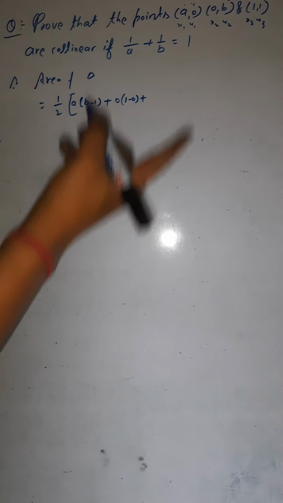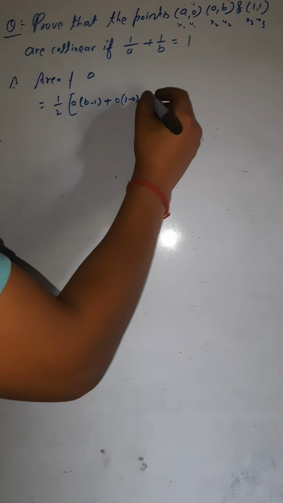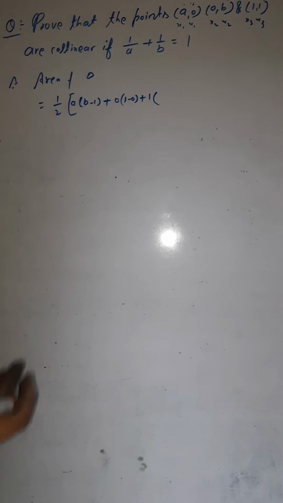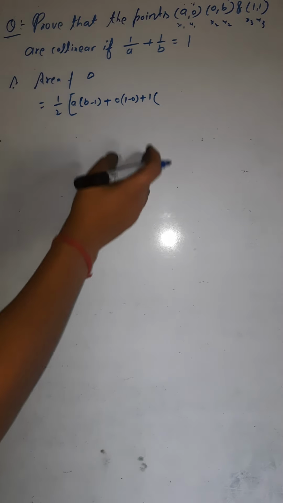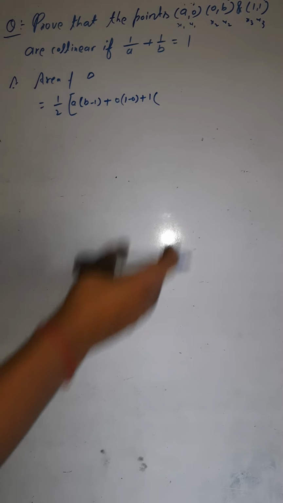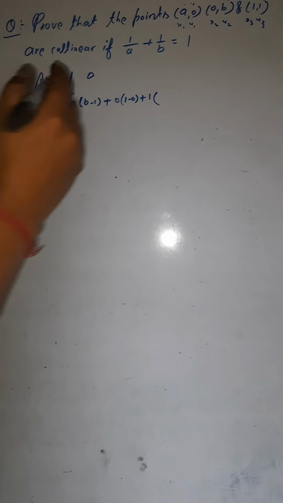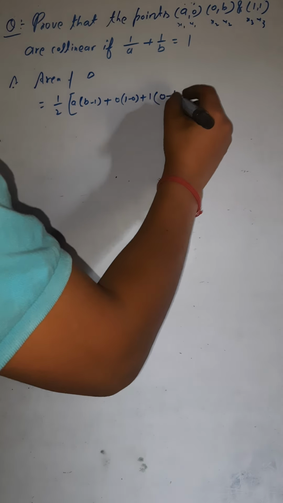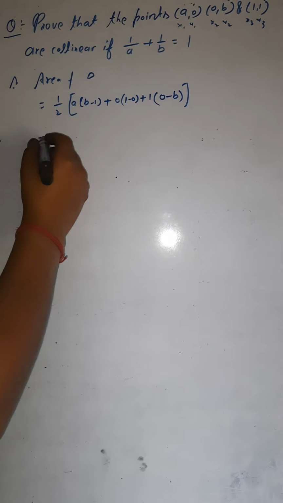Similarly you have x3. x3 is 1, and inside the bracket (y1 minus y2). What is y1? 0. What is y2? b. So 0 minus b.